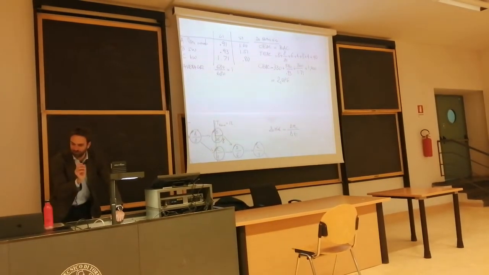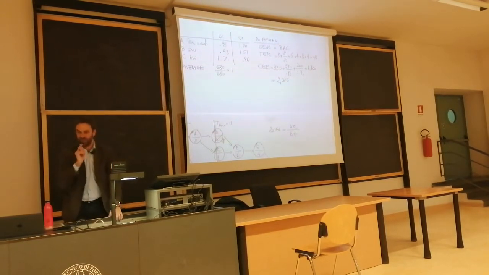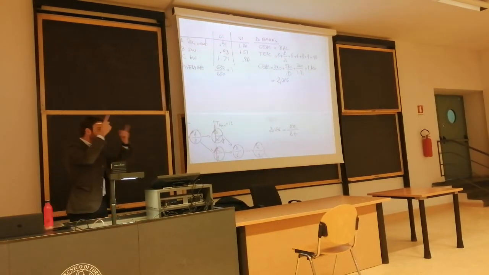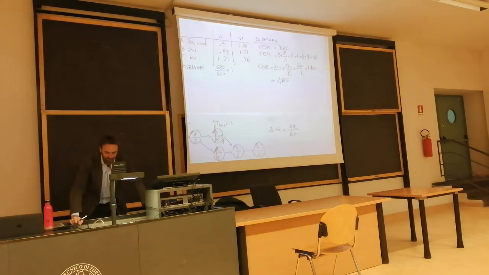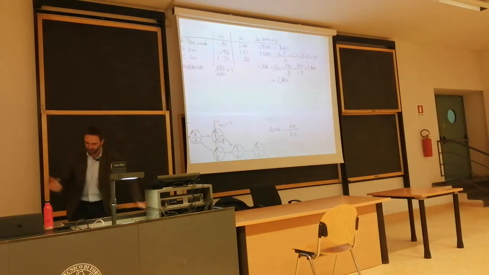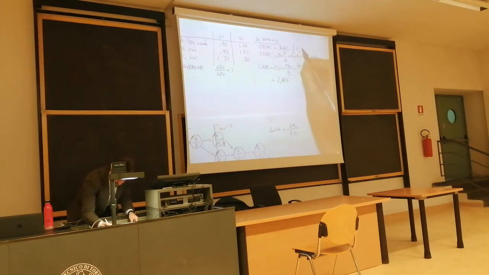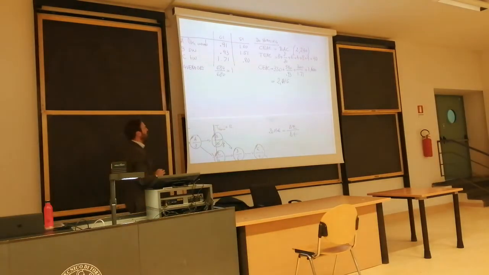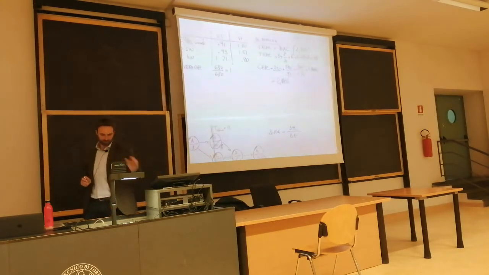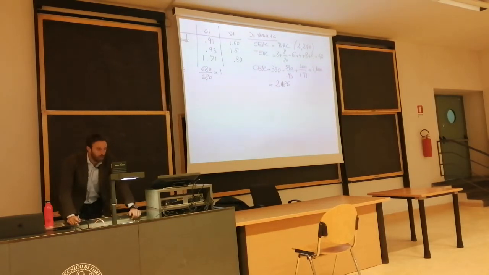I didn't consider for F that was crashed. 100 more for F. It was not 600, but 700, because we crashed it by 2 weeks. So it's going to be 2,186, while the budgeted completion that we estimated was 2,240. So it's a little saving. We are saving a little money. All right?